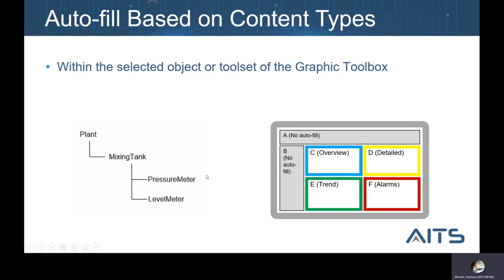Now in my plant, the area plant has an overview symbol and an alarm symbol. Mixing tank has a detailed, trend, and alarm. Pressure meter has a meter, which is none of these 4, something else, a different type, as per level meter.